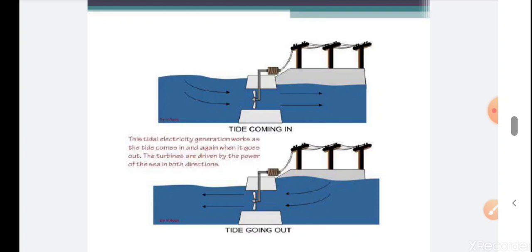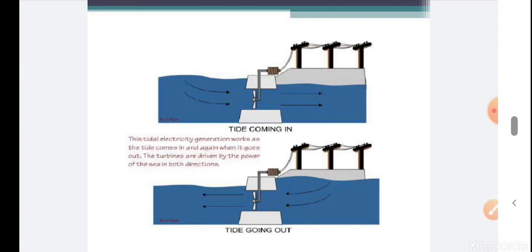And when the tide is going out, it means in the case of the ebb currents or neap tides, the level of the water on the seaside will go on decreasing, and after a point it will be less than the level of the water in the basin.